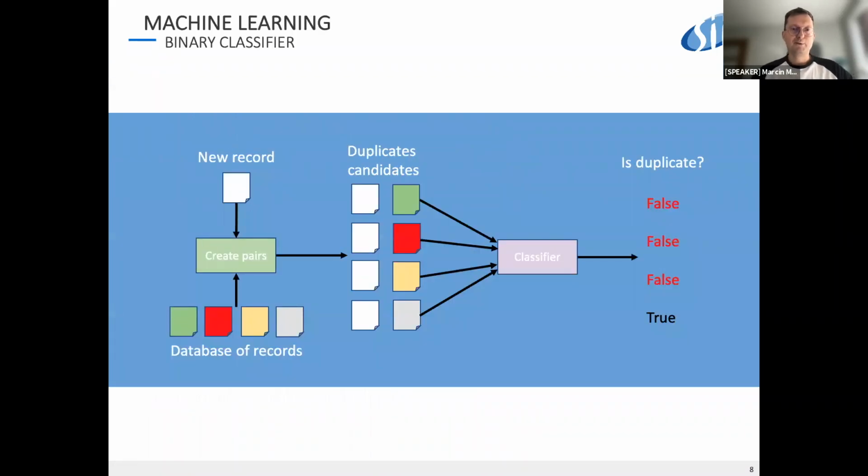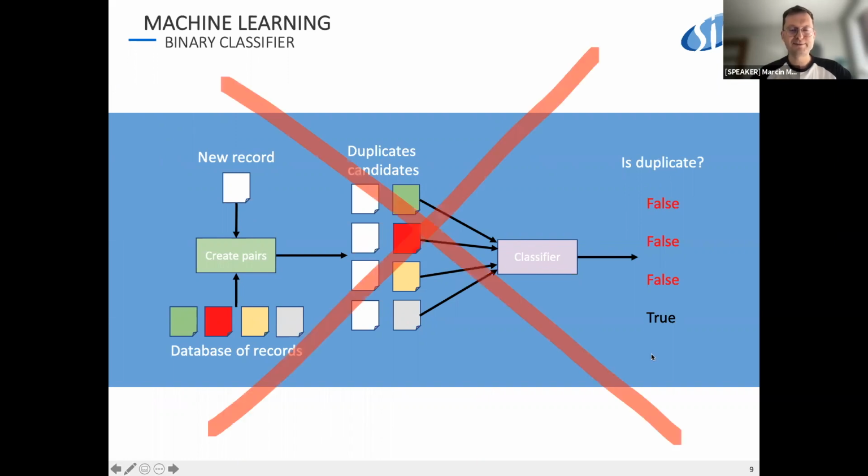As we got access to a huge labeled data set, we could think of applying supervised machine learning for the deduplication problem. For example, we could consider building a binary classifier that takes as an input a pair of records and tells if they constitute a duplicate or not.